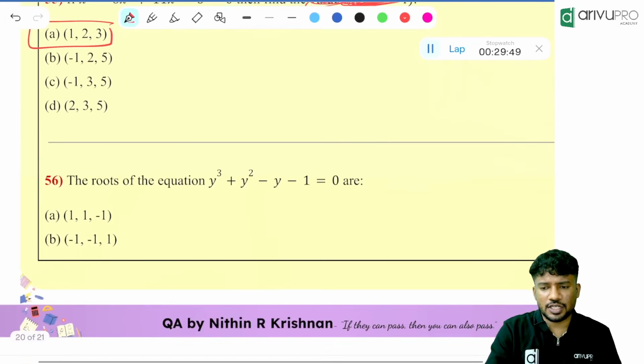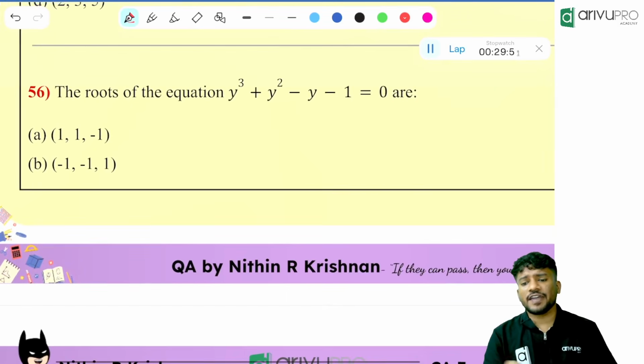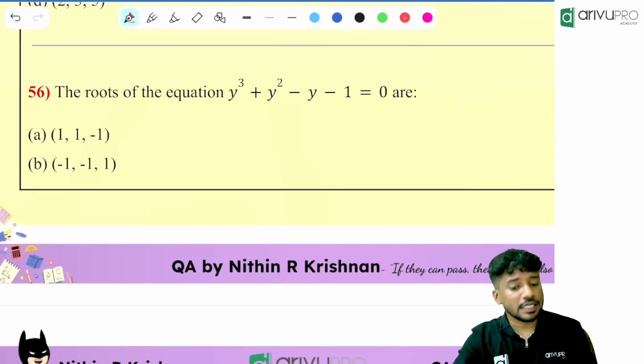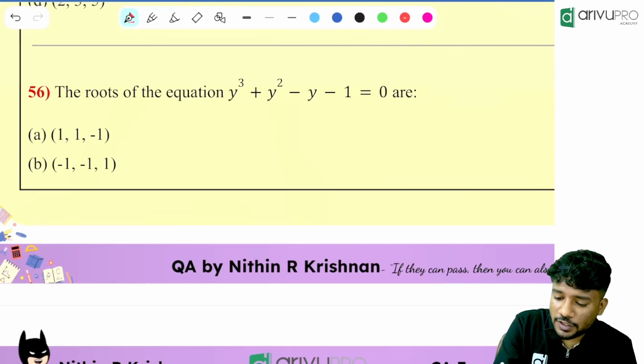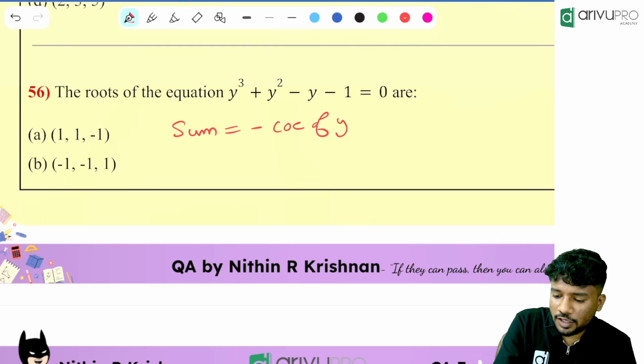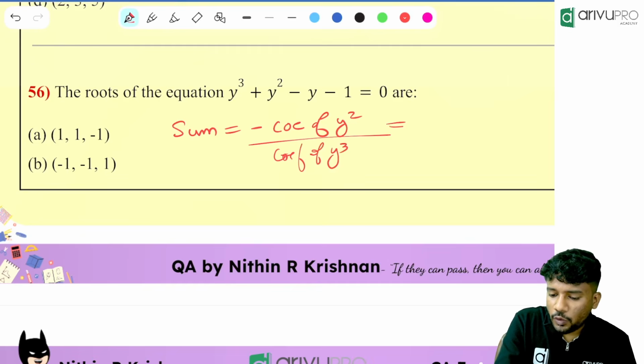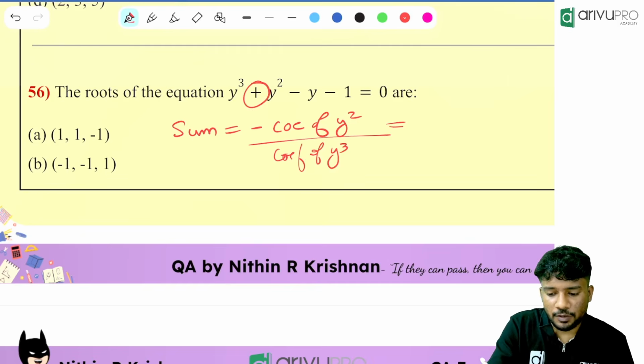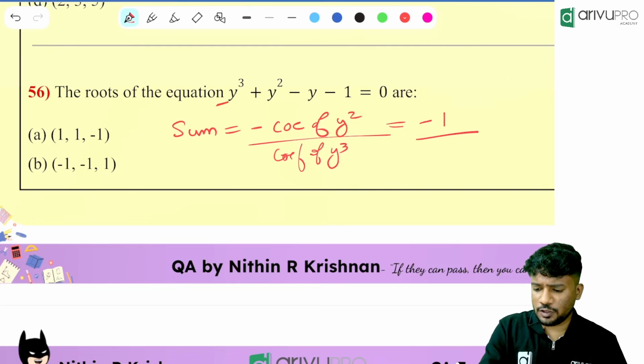Look at this question, everyone. Instead of x, y is sitting here. Can anyone tell me the sum of the roots? Sum is minus of the coefficient of y square divided by the coefficient of y cube. The coefficient of y square over here is plus 1. That means minus of plus 1 is minus 1, divided by the coefficient of y cube, which is 1.